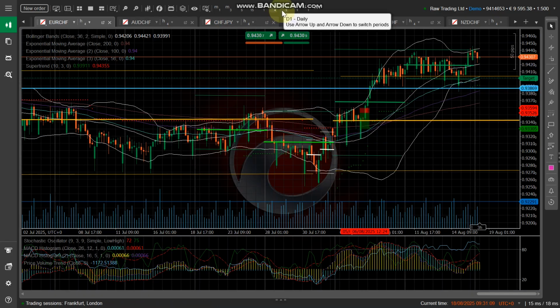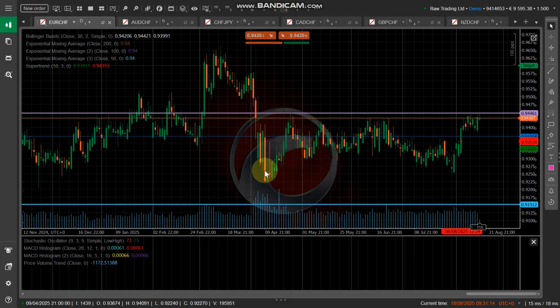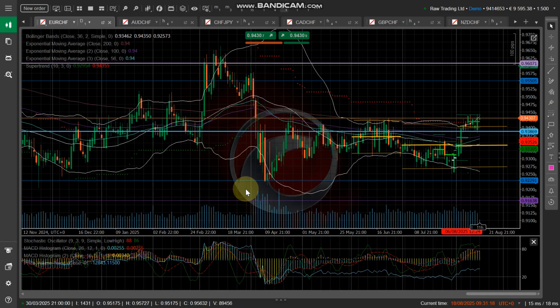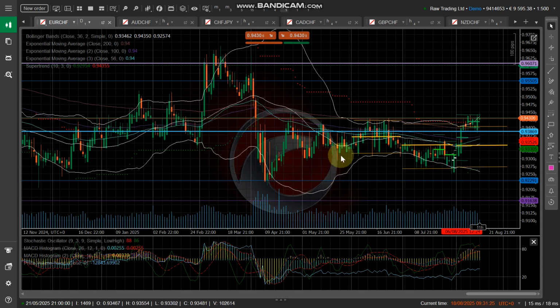Okay, where's the 50% line on the daily? 50% on the daily to give 50% pullback. Test 1, test. They don't get the test 2 price above this line yet.